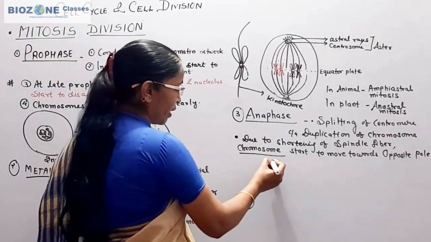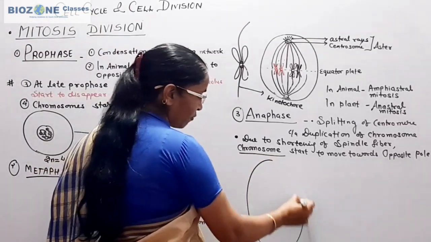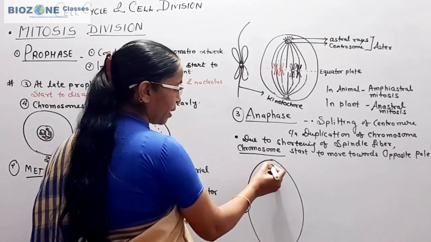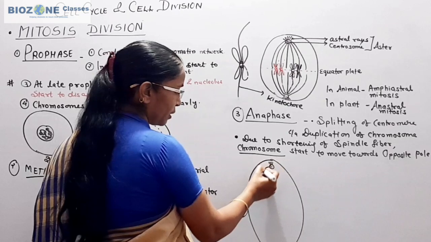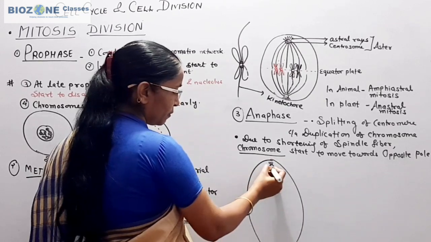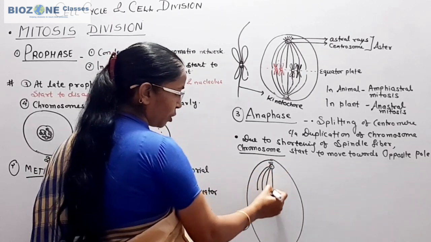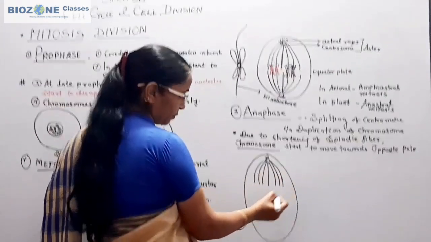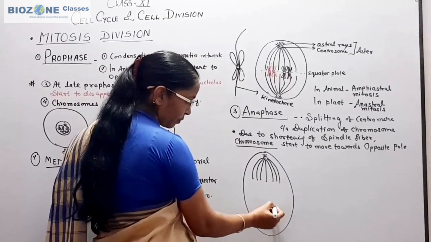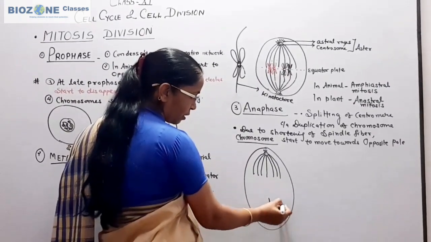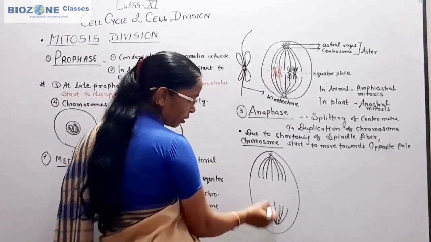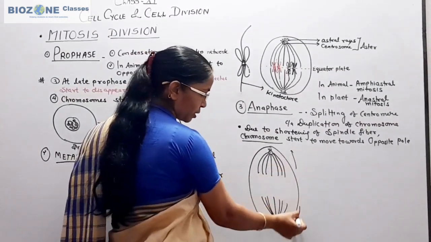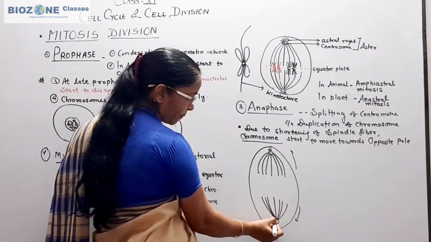So here in anaphase you remember what is happening: the equatorial plate nearly disappears, the spindle fibers become shorter due to contraction, and the chromosomes start the opposite polar movement. This part you remember. So these chromosomes move towards the opposite poles.